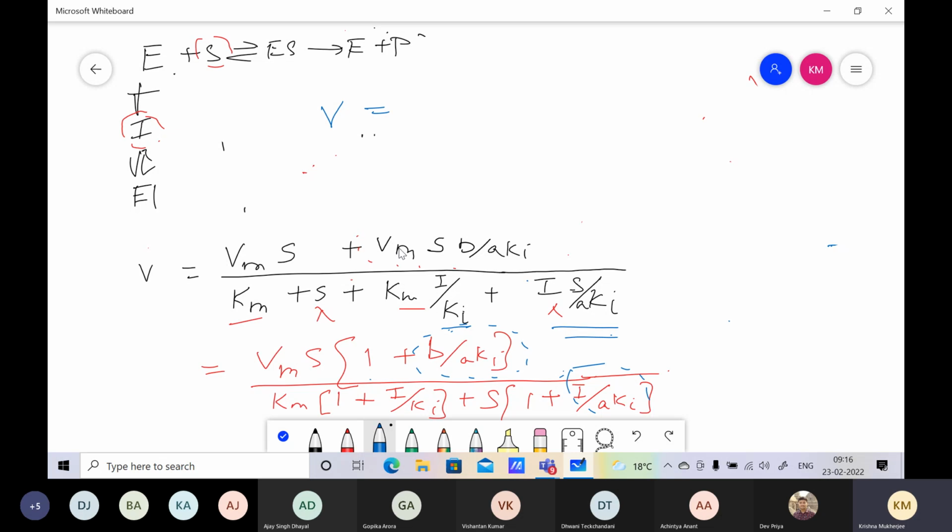This term is gone, and obviously this term is gone. So it stops here, and it says Vm S upon Km plus S plus Km I by Ki. Right? That is where it stops. And this is competitive inhibition.